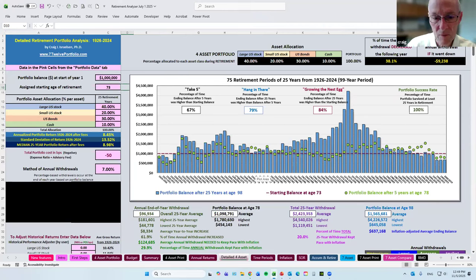Did they bail out? What this graph is suggesting is hang in there, because 79% of the time, the balance after 25 years, the height of the blue, is higher than the green. Nearly 80% of the time, the balance after 25 years was higher than the balance after 5 years.